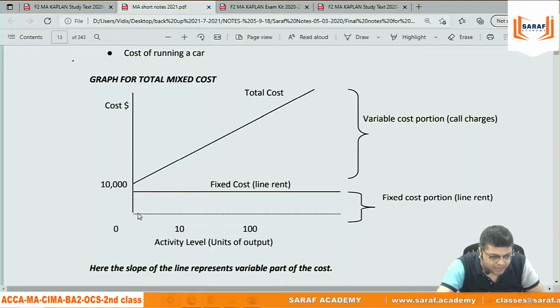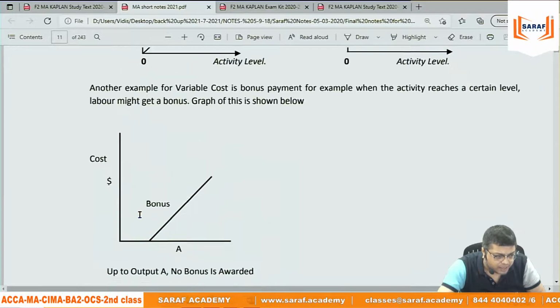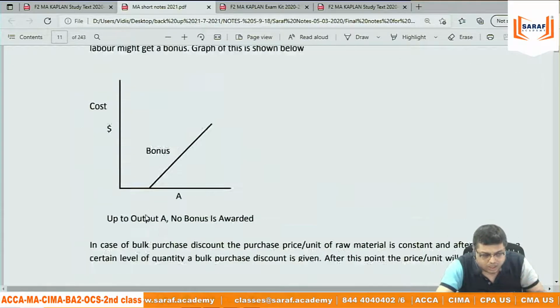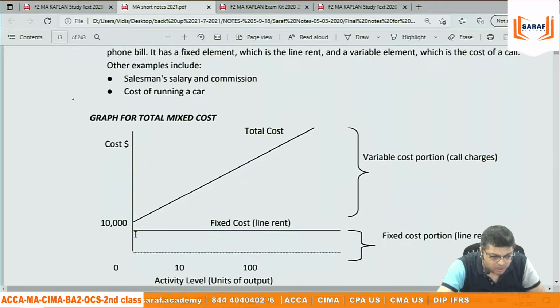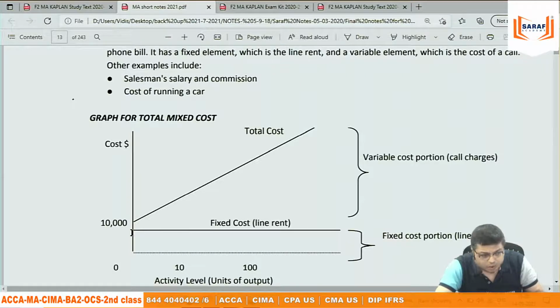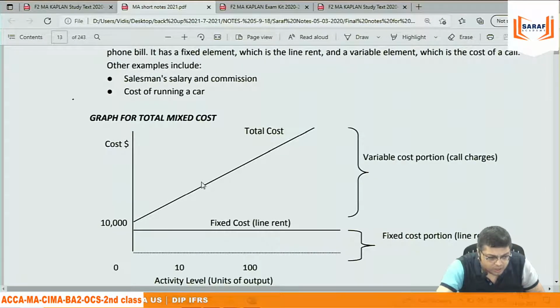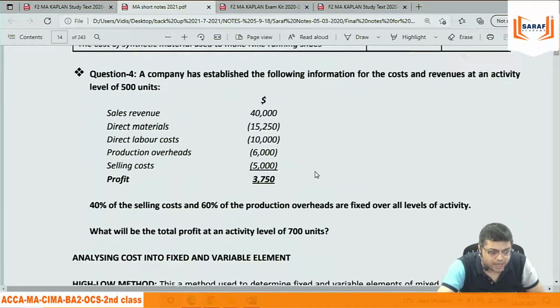If you draw the variable cost line, it is starting from origin, because at zero production, variable cost is zero. But fixed cost is not zero. At zero production, fixed cost is also there. And when you increase production, 1, 2, 4, then the variable cost will come. So this total cost is variable cost and fixed cost both. This is total cost per unit line.